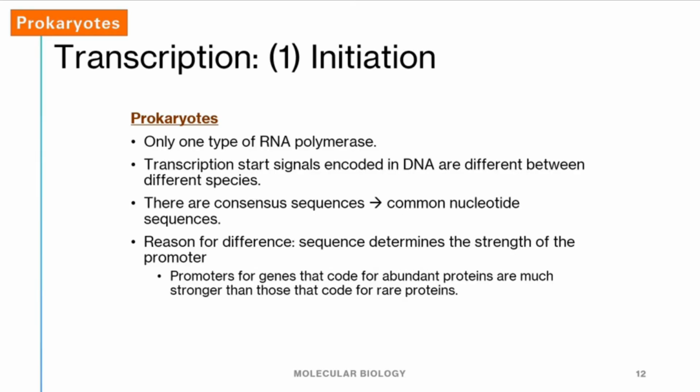Why are there some differences there? It's because some of the sequences determine the strength of the promoter. So some of the promoters which are stronger will probably enable a higher level of transcription of the particular genes. And of course, there are weaker promoters, which usually precede the genes which are more rarely transcribed.